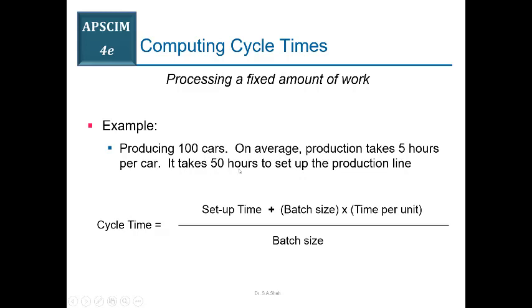So for this particular system, when you calculate the cycle time, you need to address this setup time also. You have to add it to the basic cycle time formula. So it will be setup time plus batch size into time per unit, divided by batch size. So it will be the average cycle time for that particular system.